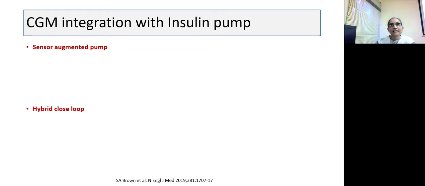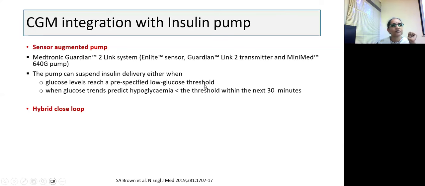So next, looking at its integration with insulin pump, we have two types of pumps where the pump functions by itself, which is regulated by the patient and the physician. And we have hybrid closed loop systems where the pump will talk to the CGM and adjust the rate of insulin delivery. Sensor augmented pump is somewhere in between, where it has low glucose suspend values.